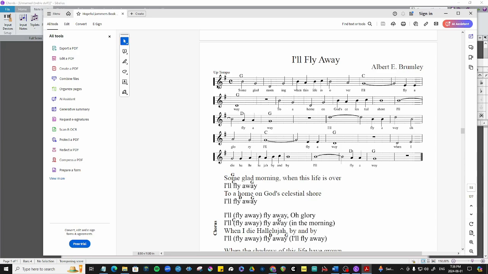Well, the main thing to understand here is that what we're trying to learn are chord progressions. So what is a chord progression? When you see this, it starts on G, and then it progresses to C, and then it progresses back to G, and then it progresses to D, and then to G. A chord progression is going from one chord to another.